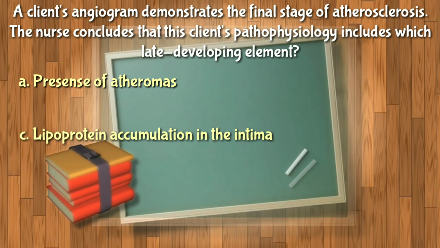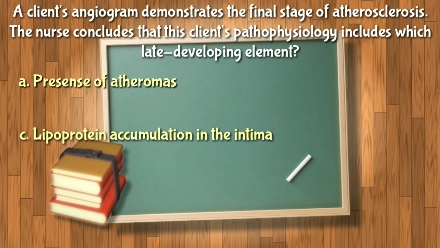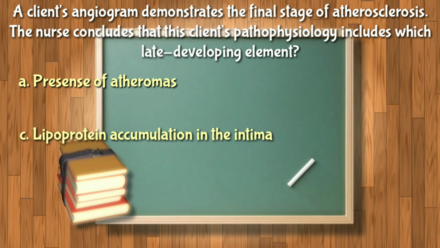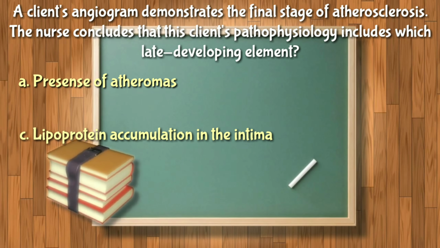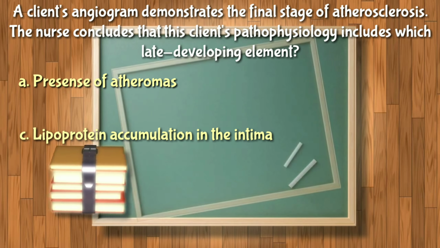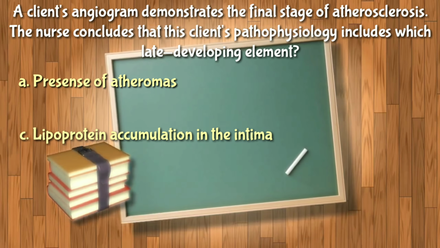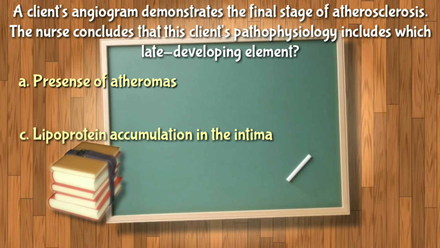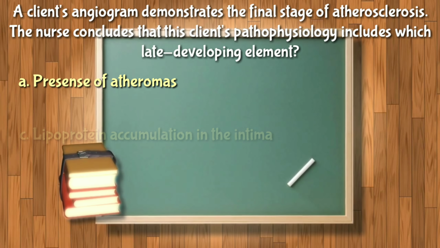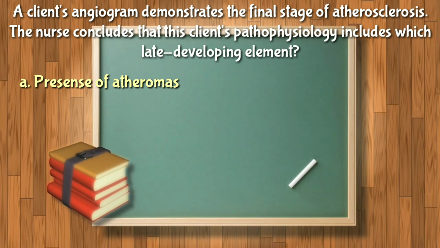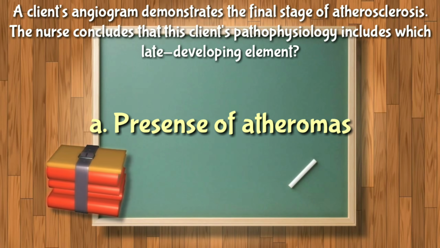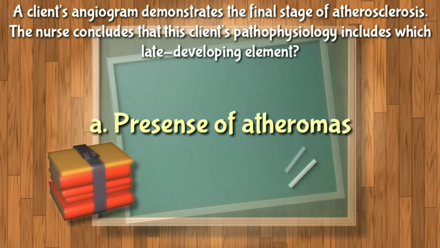Now we are left with the 2 choices. If you answered letter C or lipoprotein accumulation, you are actually wrong because this phase occurs earlier in the development of atherosclerosis. That is why the final answer is letter A, which is the presence of atheromas.